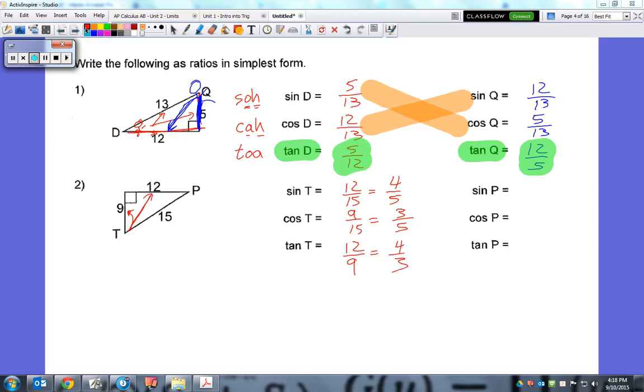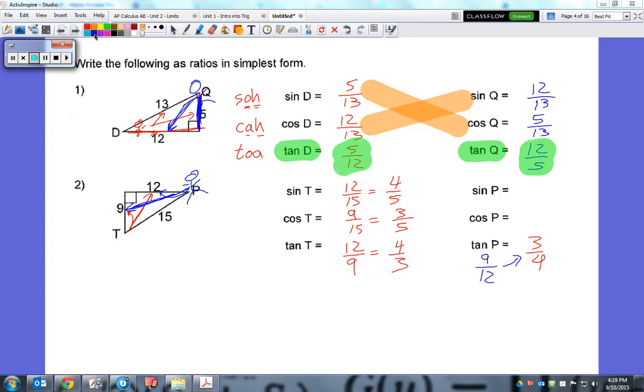Now, the pattern that I just established, this should be 3/4. Let's check to make sure that that is correct. So if I put my body again at P, the tangent is opposite over adjacent. That is 9/12, and it does reduce to 3/4. The sine of P, opposite over hypotenuse.